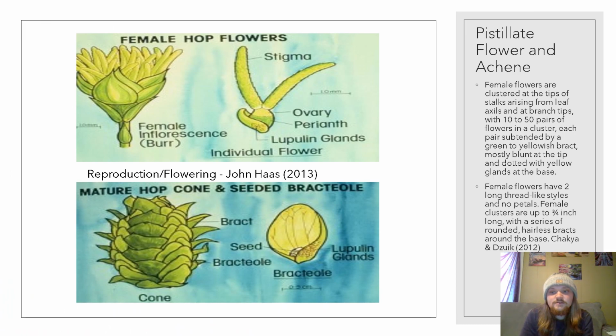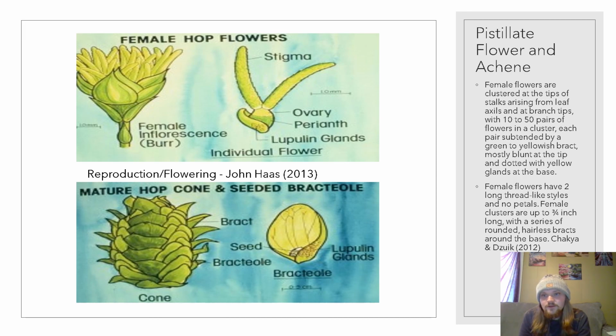Here you can see more of the anatomy of the female hop flowers along with the cone and the seeded bracteole. The female flowers are clustered at the tips of the stalks arising from the leaf axils at branch tips, with 10 to 50 pairs of flowers in a cluster, each pair subtended by a green to yellowish bract, mostly blunt at the tip and dotted with yellow glands at the base.